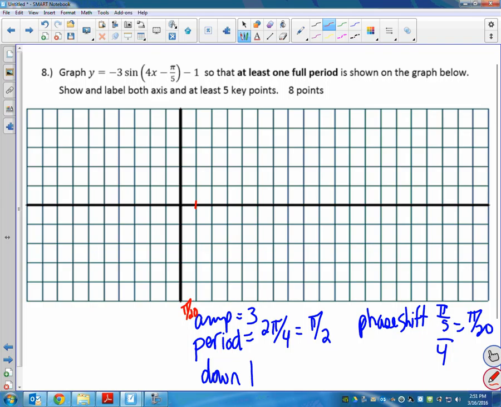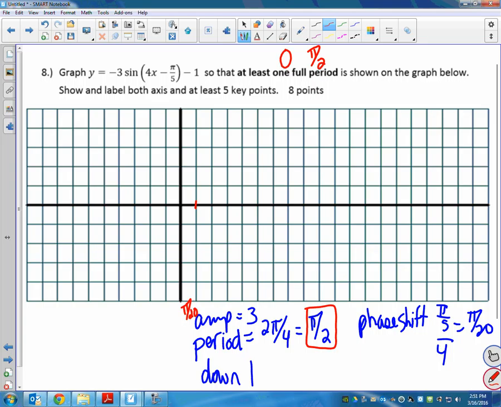And I normally would end at pi halves, right? Again, this is how I always think of it. Normally one full period starts at 0 and it ends at 2 pi, or in this case we're just going to say it would end at pi halves if there was no phase shift.